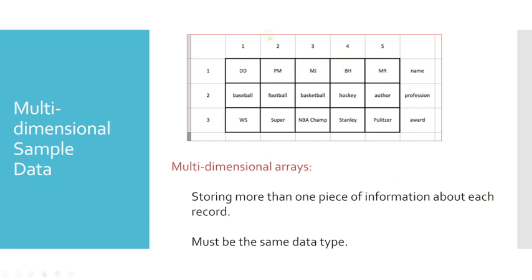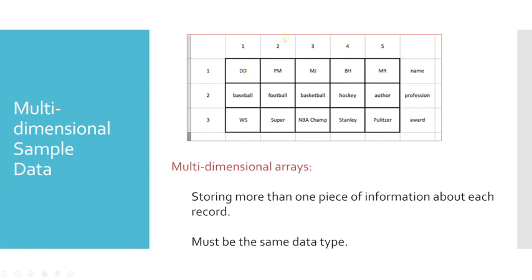So here's an example. Right now, this is in a worksheet. We just changed the display so it's numbers. We don't have the letters A, B, etc. across here. And I want you to note something we're going to do, because just because you see it like this in a worksheet doesn't mean you have to move it into an array in the same way. There may be various reasons.